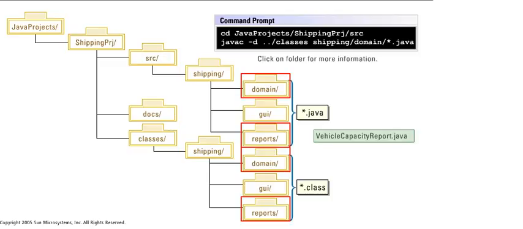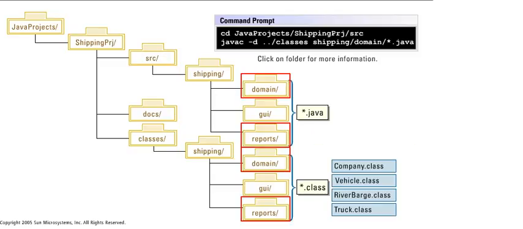Now when we compile our source code, we would like the compiled class files to be placed in a directory tree that matches the package tree. But we would like those class files to be in a different part of the directory structure. As you can see, under the shipping project directory, we have a classes directory. This is where our compiled code will go. This just makes it easier for deployment.